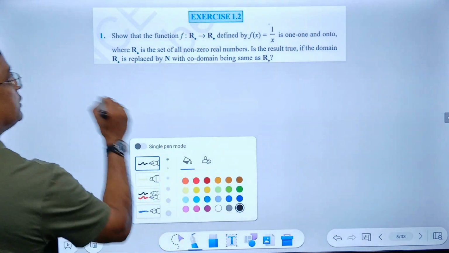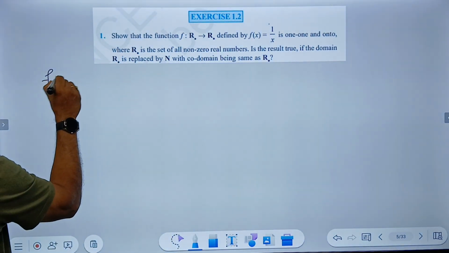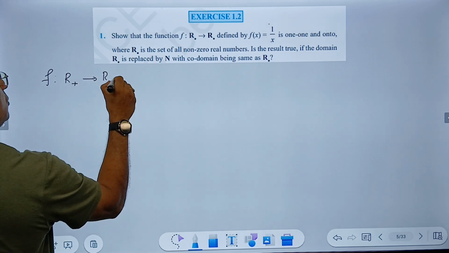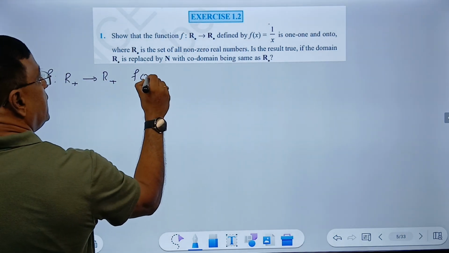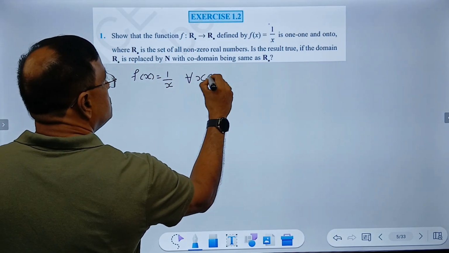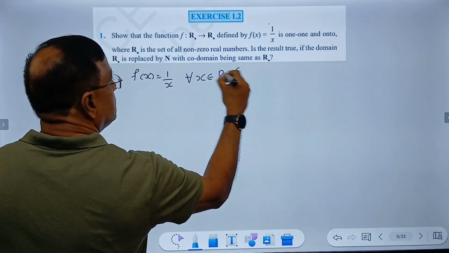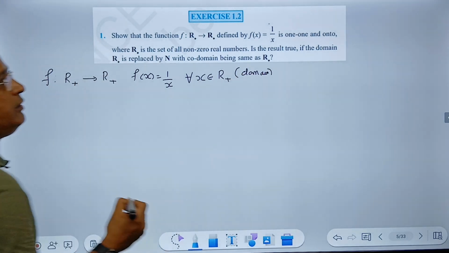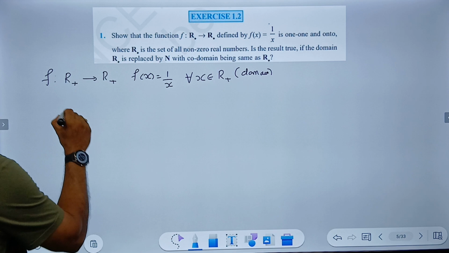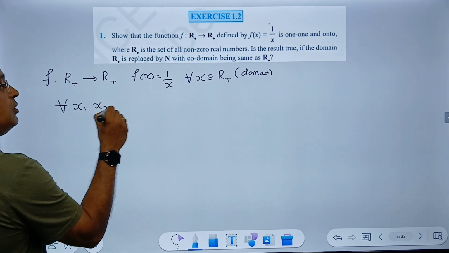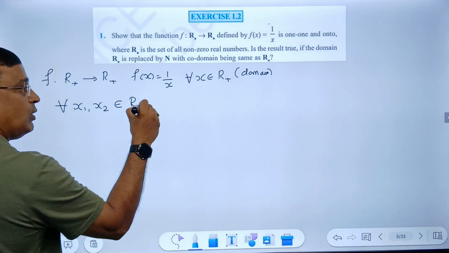So right now my function is from the set of all R plus to R plus. It is defined as f of x is equal to 1 by x for every x belongs to R plus. This is from the domain. Okay. Now I want to verify whether it's 1 to 1 or not. Now, for every x1, x2 belongs to R plus, I am verifying 1 to 1.